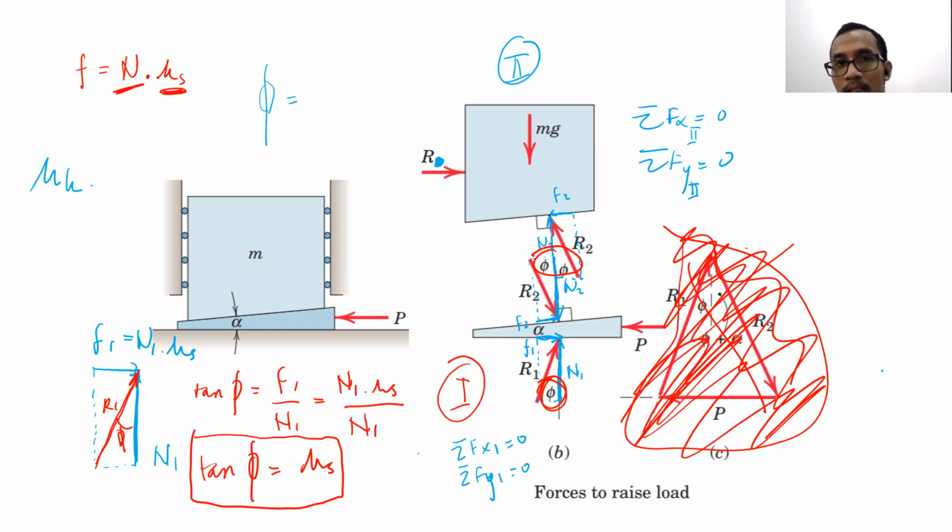Because the friction force is less than the impending motion friction force. But normally the limit is at the impending motion because the limit is normally happening when the friction force is at the maximum state.